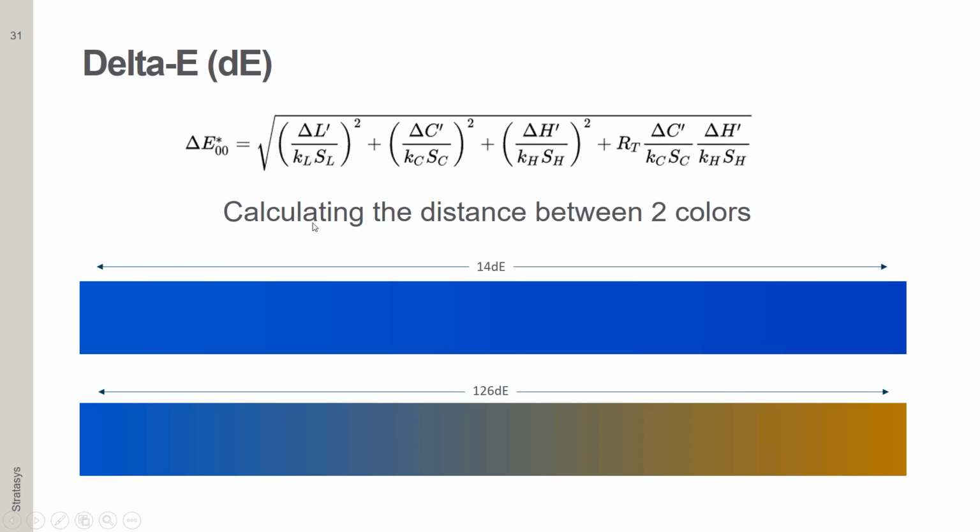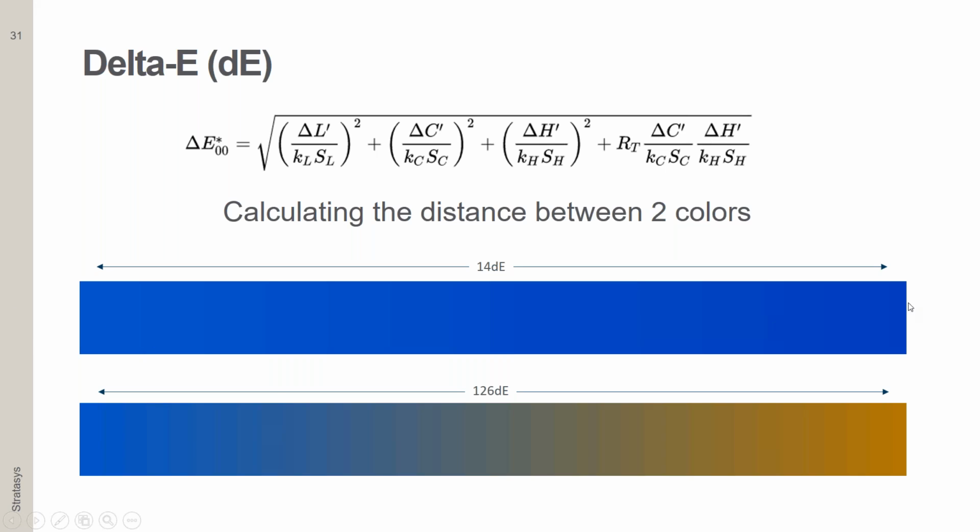Okay, it's not that simple, but this is what we call the calculation of delta E. All you need to know is that the delta E defines the lowest possible notable difference between two different colors. So 1 delta E is the lowest possible, lowest noticeable color difference.